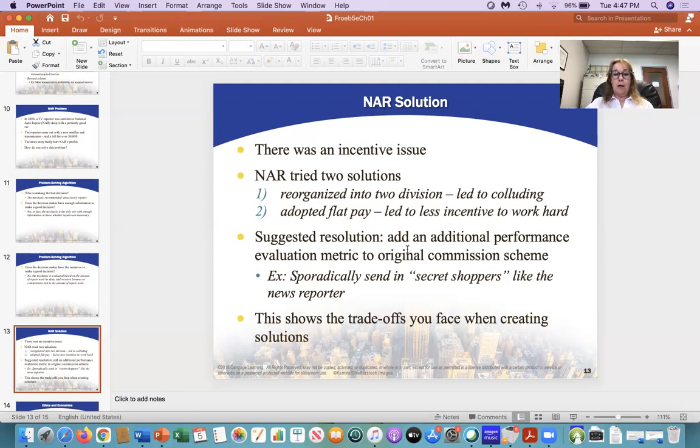Then they tried the secret shopper. It doesn't really say specifically, but I would assume that they went back to the old way with the bonuses and commissions. But they told the employees there's going to be basically spies.